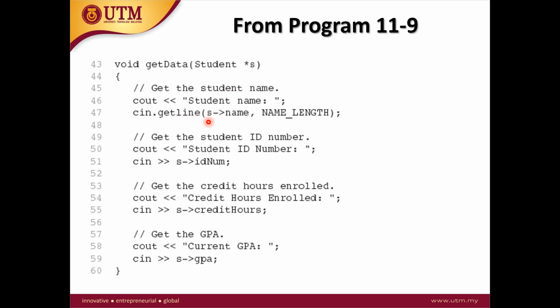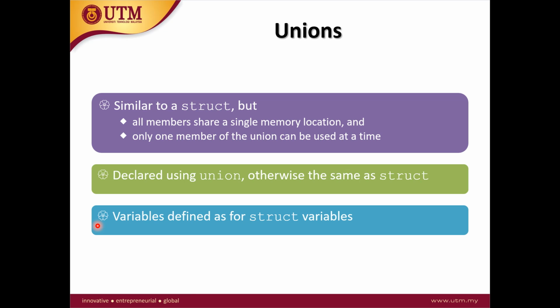So instead of using the dot, we can use it in this way: s, then ID, name, s credit hour, s, not a dot, actually these two signs, minus and the angle bracket, GPA. So you can use it in this way instead of using the dot. And when in the future we are learning databases or relational databases, you will find out why this one is very important to learn.